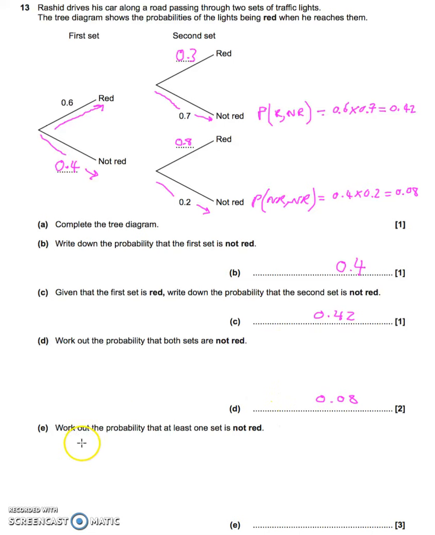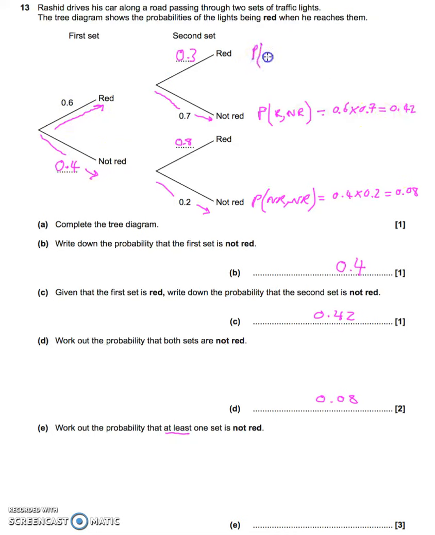Okay. E, work out the probability that at least one set is not red. So that's a weirdly worded question. Work out the probability that at least, there's the key bit of terminology there, one set is not red. So in what ways are we getting one set that is not red? It's probability of red, red. We've already worked out some probabilities here, so this will help us.